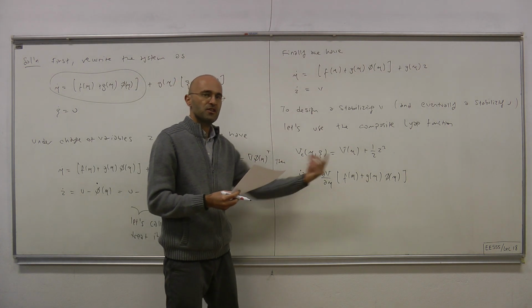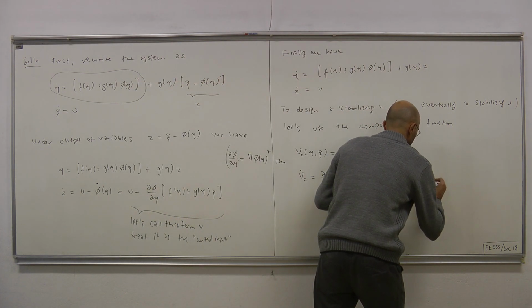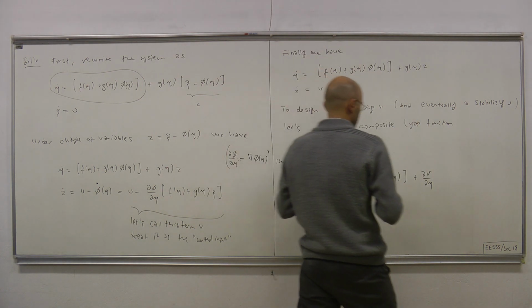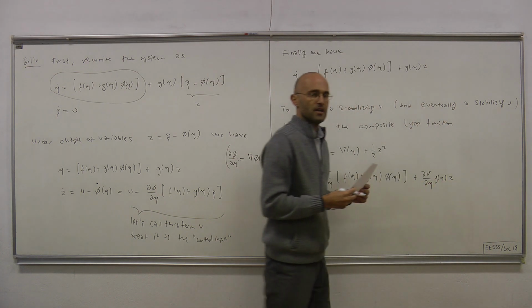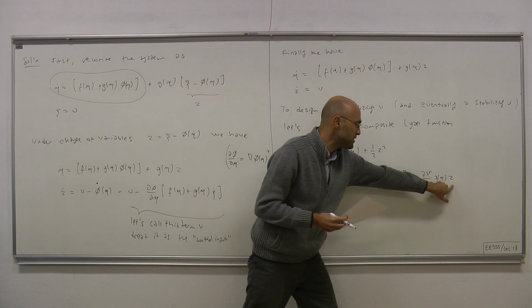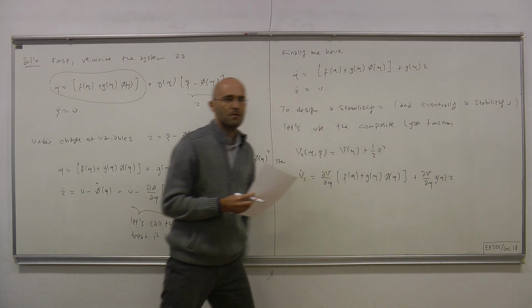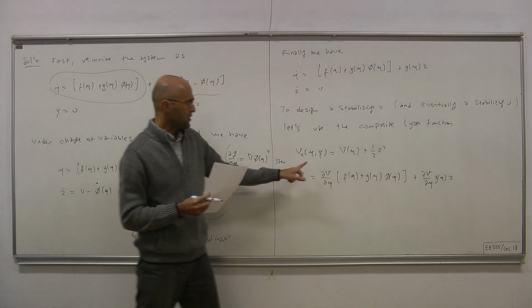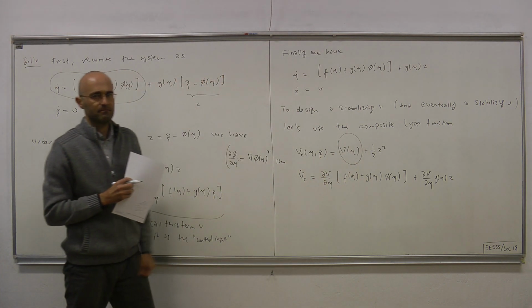So let's write it as a separate term, plus that times g of eta times z. This is a row vector, this is a column vector, z is a scalar, therefore this whole thing is scalar. This is a row vector, this whole thing is a column vector, therefore this is scalar, so everything is fine. So what we have written down is V dot.